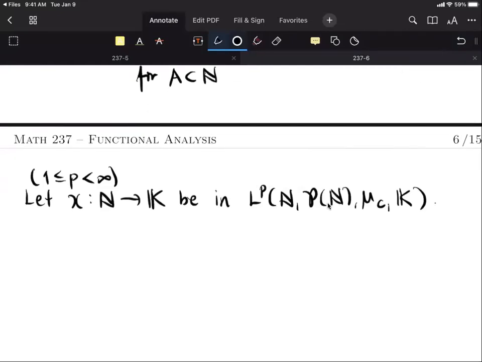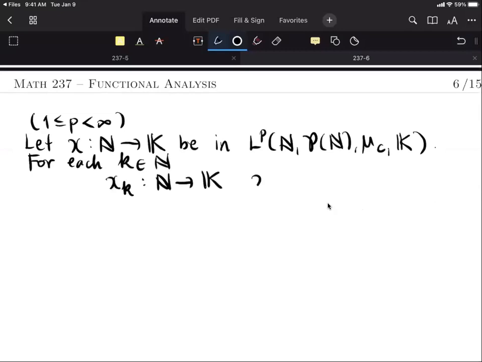Okay, so here, let us truncate this. For each positive integer k, let us consider the truncation x_k. So this is a sequence wherein x_k is equal to x times the characteristic function of the integers from 1 to k.